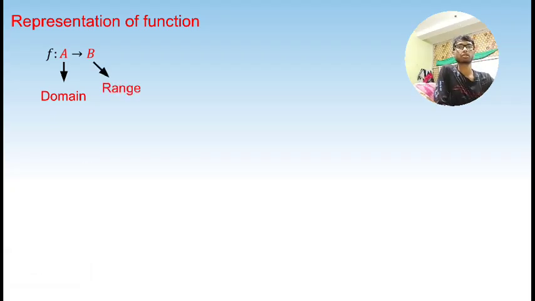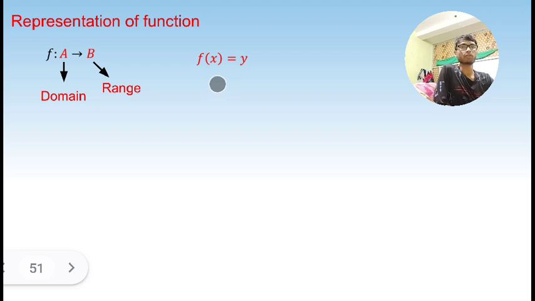Remember, here we are saying f is a function from A to B. So of course this would also be the range, this would be also the codomain. Clear? So what is the meaning of this?